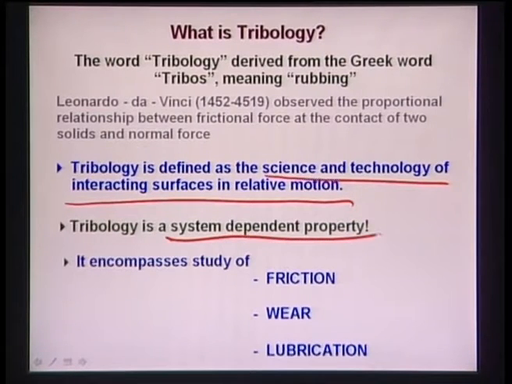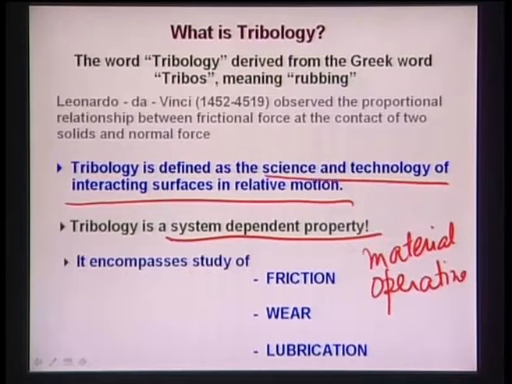An important thing about tribology is that it is a system dependent property. System dependent property means tribological properties depend on the material parameters and at the same time they depend on the operating parameters. Now if somebody asks you what is the coefficient of friction of steel, it does not mean anything, because the coefficient of friction of steel against steel would be different from the coefficient of friction of steel against alumina or against zirconia.